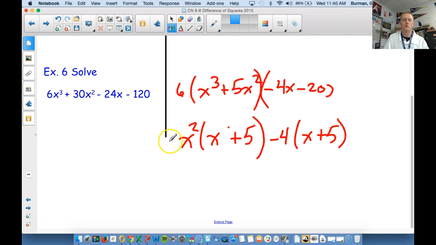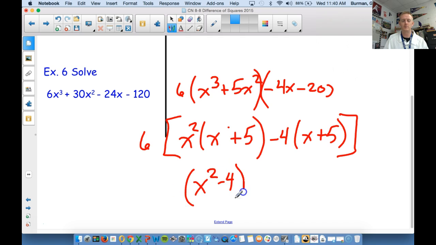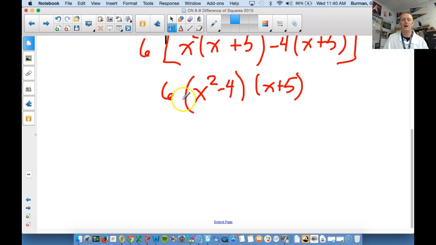Now again, we have a 6 that's being multiplied by all of this stuff on the outside. So we combine these two together, so that's going to make an x squared minus 4, the 6 on the outside, and an x plus 5. Now our job here, folks, is we have to identify that we have an x squared minus 4.